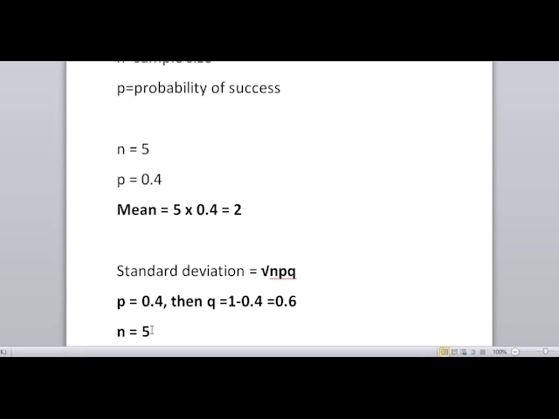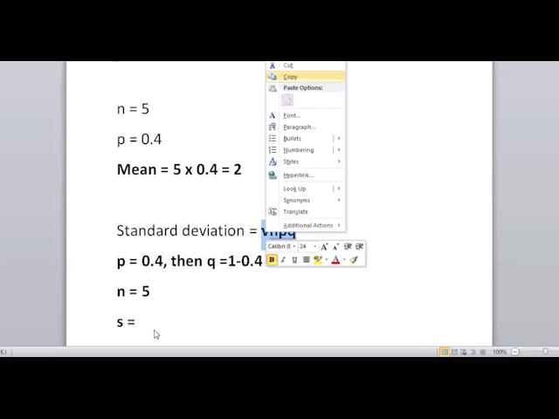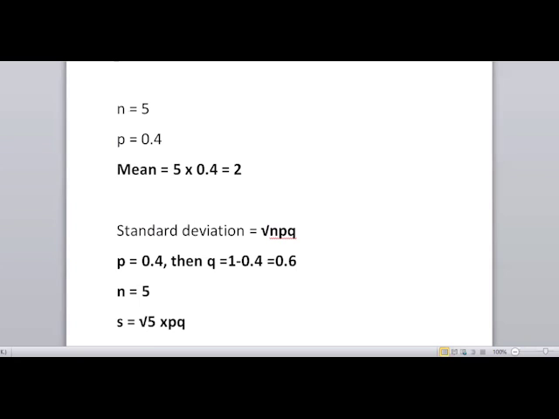Okay. So we are saying standard deviation S is equal to the square root of 5 multiplied by 0.4 multiplied by 0.6. Then you find the square root. What answer do we have?